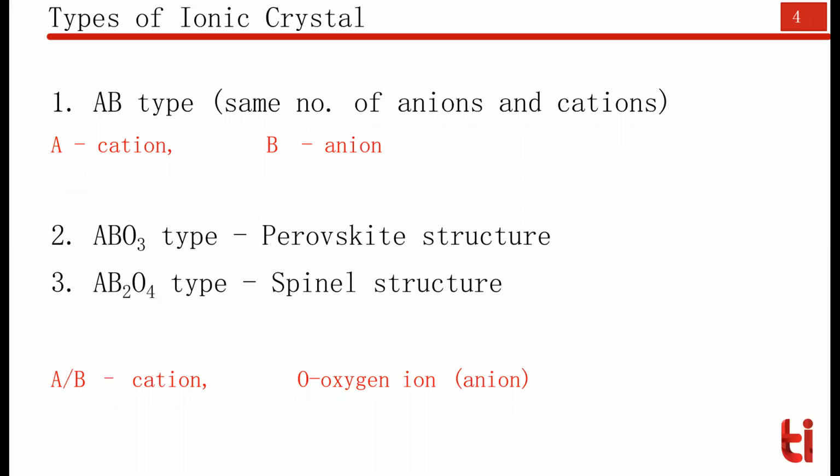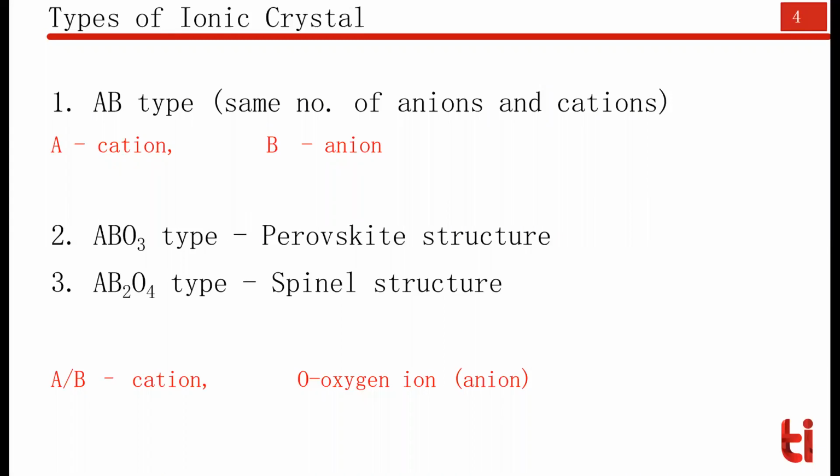The third possible crystal structure with which ionic solids are formed is called AB2O4. It is typically called the spinel structure, where both A and B are positively charged cations, while the oxygen will act as the negatively charged anion in the configuration.